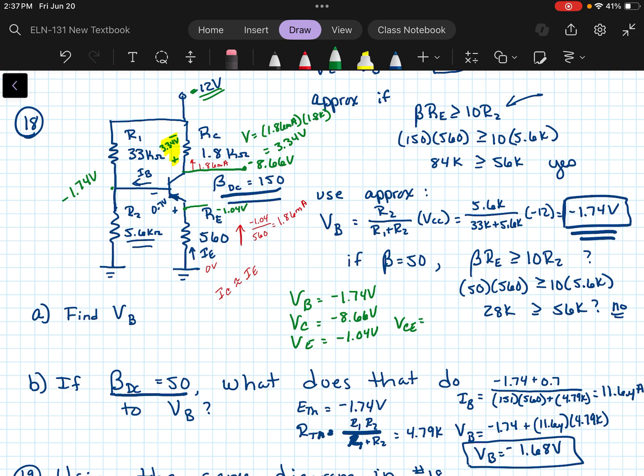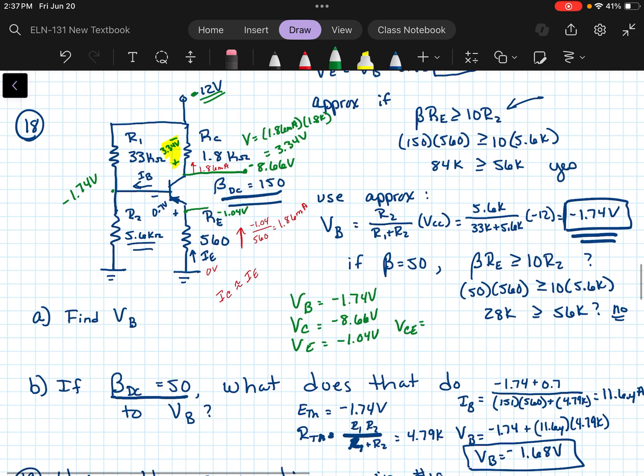So our VCE, again, would be VC minus VE, which is going to be a plus because we're subtracting a negative number there. So we're going to see a drop of 7.61 volts. Actually, it's going to be a voltage rise from the collector to the emitter.